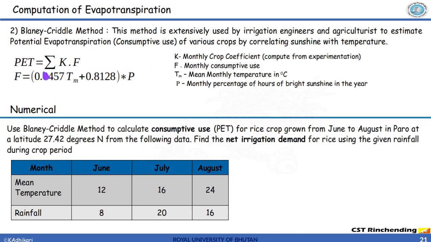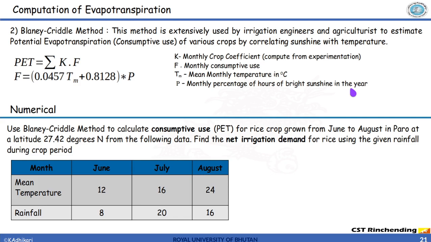The main governing equation is that the potential evapotranspiration is equal to the summation of K, which is the monthly crop coefficient. This coefficient would be different for different crops, times F, which is the monthly consumptive use, which is further given by this expression, whereby Tm is the monthly mean temperature in degrees centigrade, and P is the monthly percentage of hours of bright sunshine in the year.